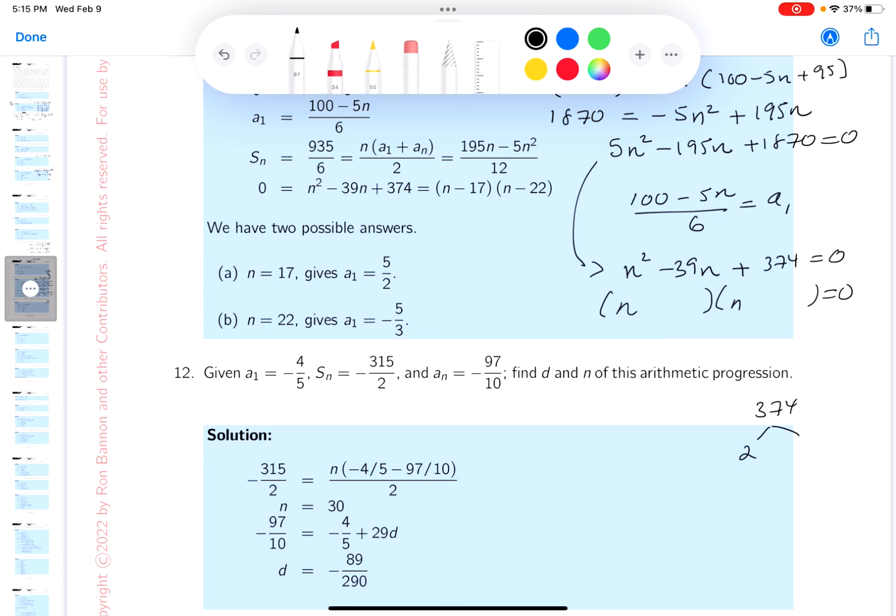And the way I do that is I kind of look at it, and I look for simple ones. So I can say 2 times, let's see, that would be 150, 185, 187. Let's see if I did that right. 360 and 14, yeah, 187. I'm kind of looking at that 187. 17.